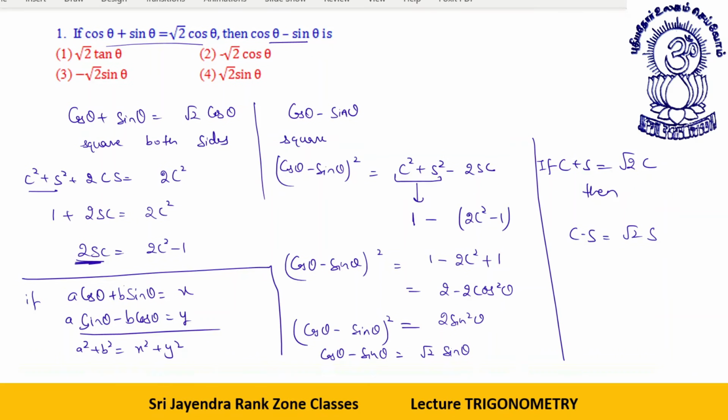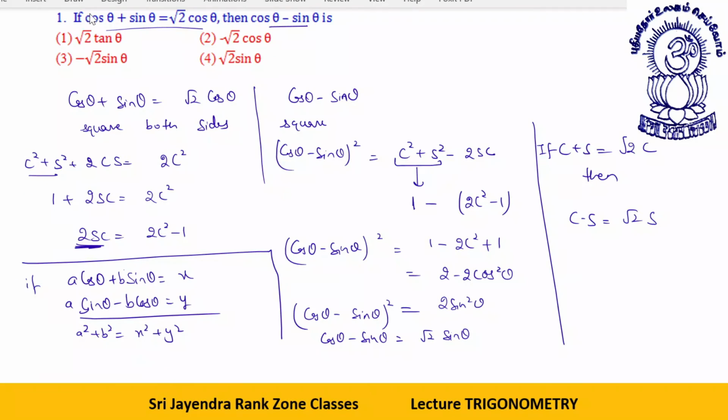If I apply the same logic in this particular question, we have this as 1, this as 1, and the plus is changed into minus. You have a is equal to 1, b is equal to 1, x is root 2 cos theta. You have to find y.